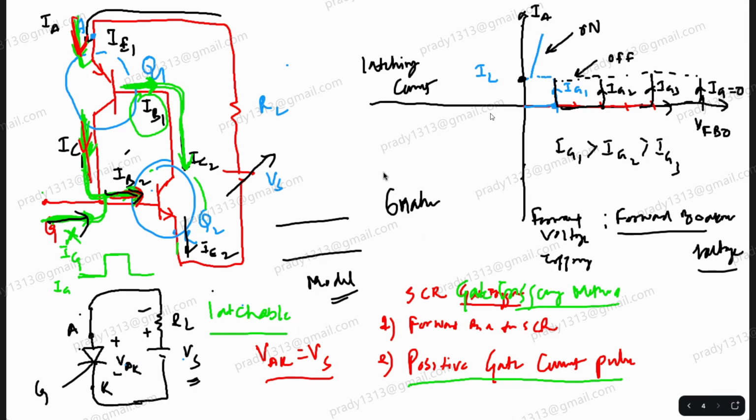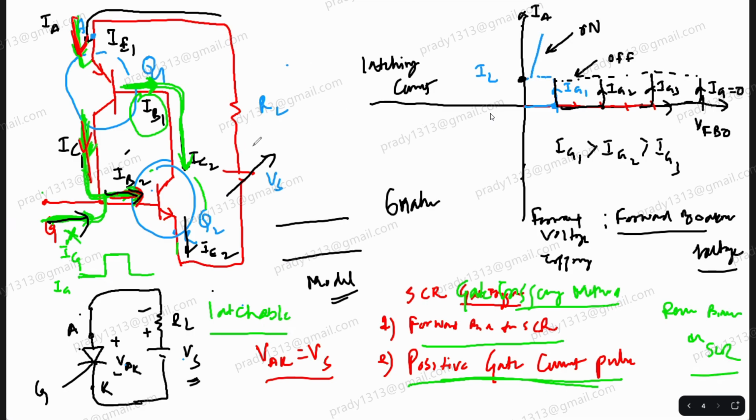Is turning on SCR clear? Very simple. Forward bias it, and while it is forward biased, give a positive gate current pulse. How to turn off an SCR? You can turn off an SCR very easily by reverse biasing the SCR. This is the most common method. In a DC circuit, you need to use a circuit which is called a force commutation circuit.